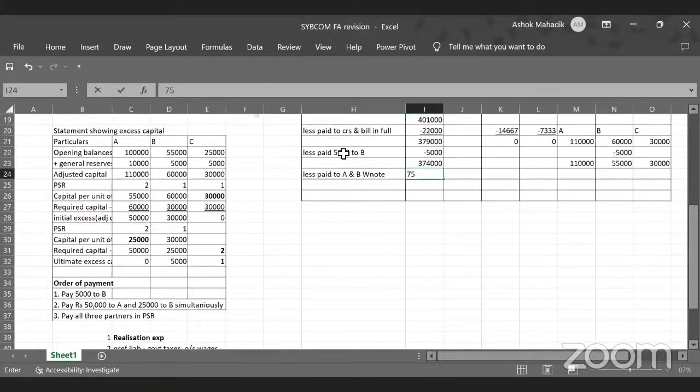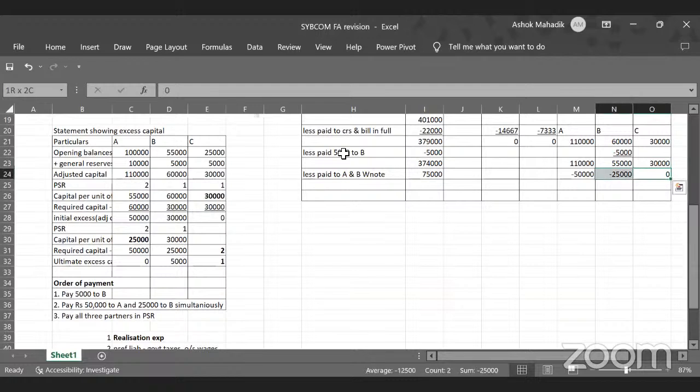Clear? Out of this, A will get 50,000. Just put minus sign, 50,000, and B will get 25,000. C won't get anything. 0.